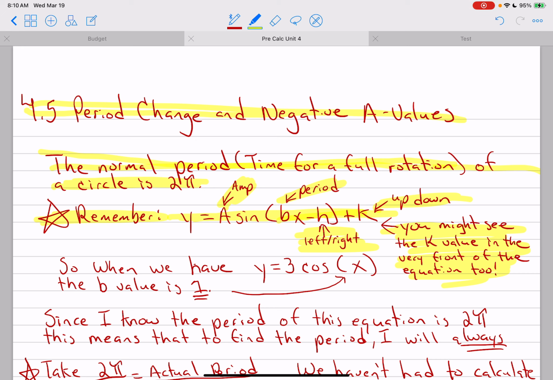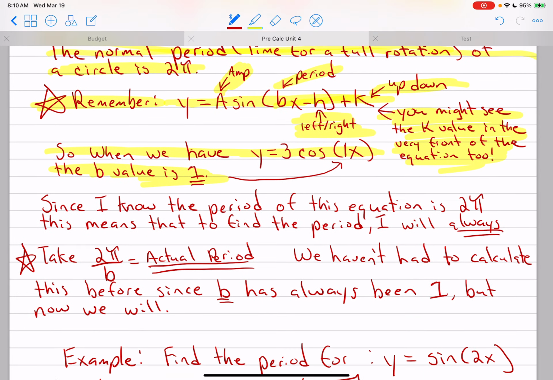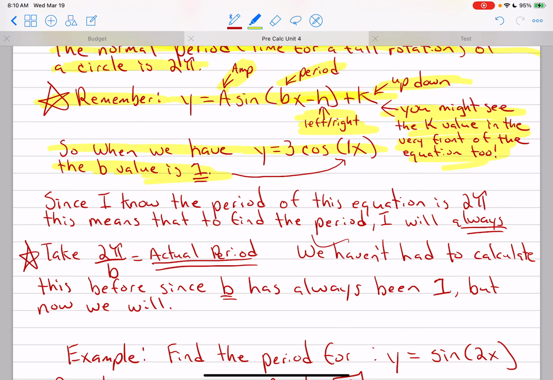All right. So when we have an equation like y equals 3 cosine of x, on this equation, the b value is 1. So far we haven't seen the b value because the b value is always 1. What we're going to talk about is what happens when the b value is different than 1.